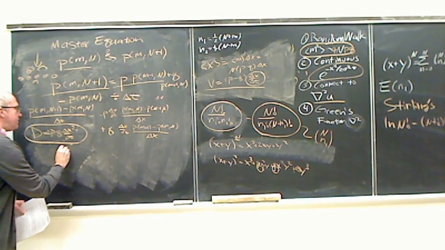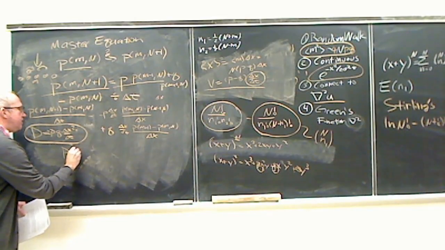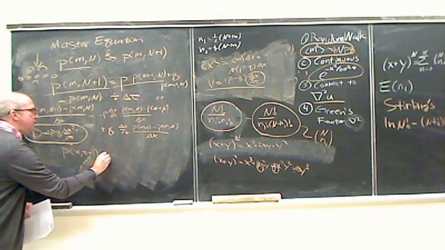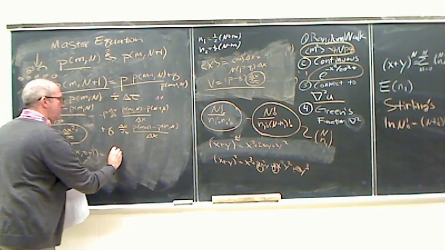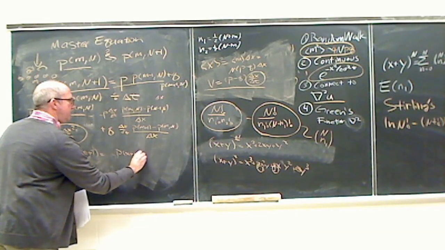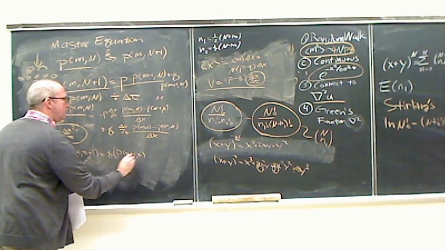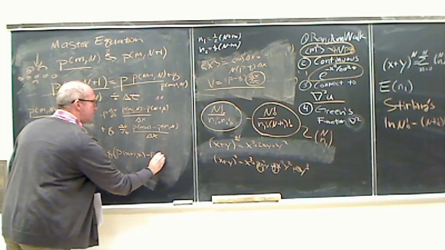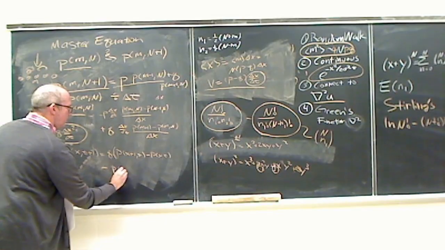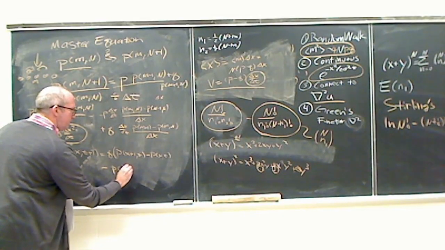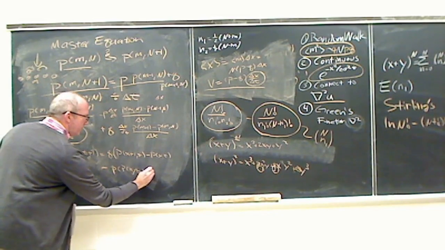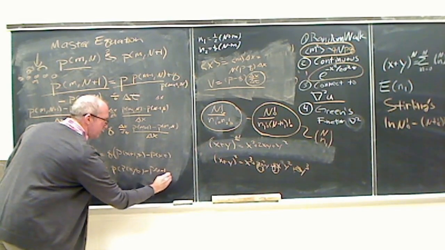I have P of x and t plus 1 equals P of x plus 1, t times q, minus P of x and t, minus P of x minus 1 and t.